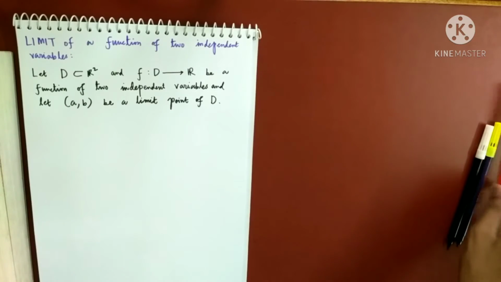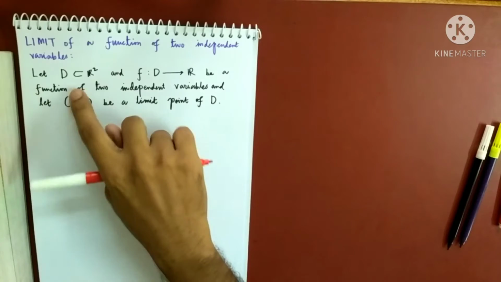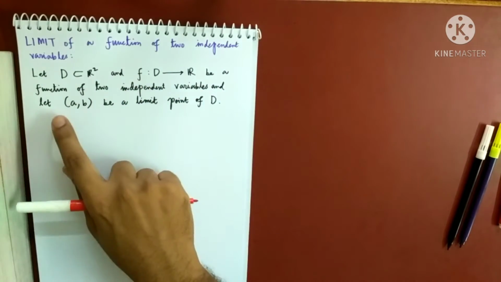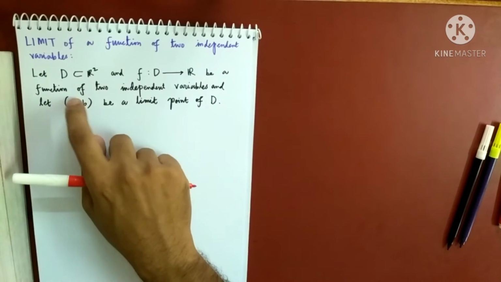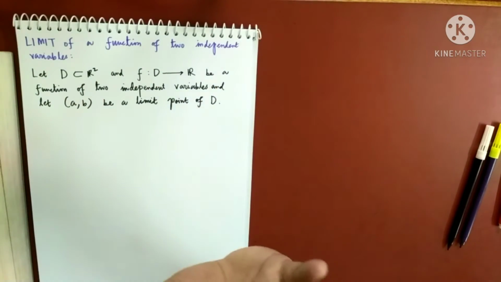Now we define it like this. If you see the definition of limit for a single-valued function, or function of a single independent variable, we do it in the same way. Let D be a subset of R and f be a function from D to R, and let a be a limit point of D. We do it in the same way.